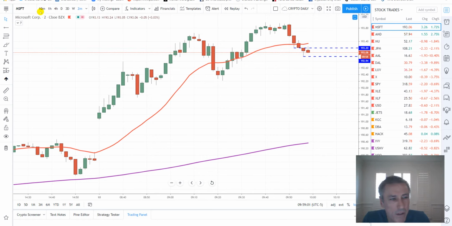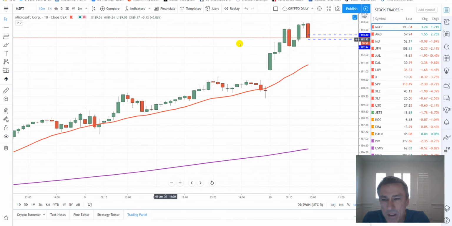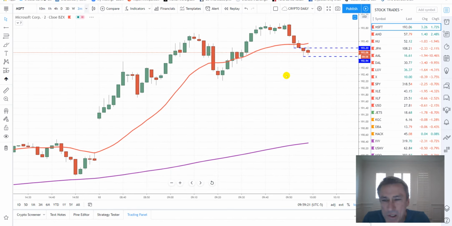Go back to that 10-minute. Yeah, it's a big 10-minute candle, but we're still inside this bullish engulfing candle. So we're still holding inside here, so it's still a little bit bullish. And if we start consolidating sideways here, that'll be a good sign that maybe it's building some support, and then we'll get a pop to the upside.